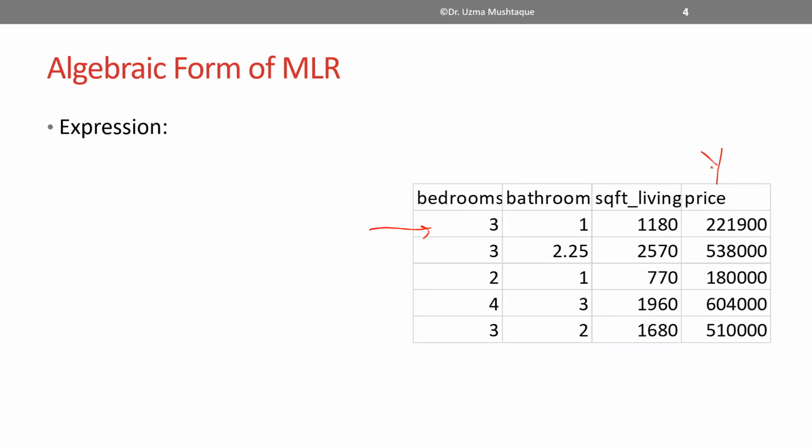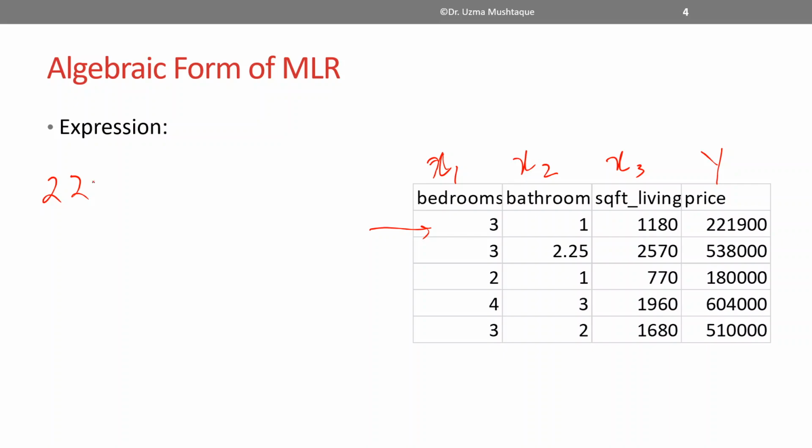So my price is y, and these are my x1, x2, and x3. Assuming that the three independent variables, which are my x's here, are linearly related to the price of the house, my first observation would look something like this.